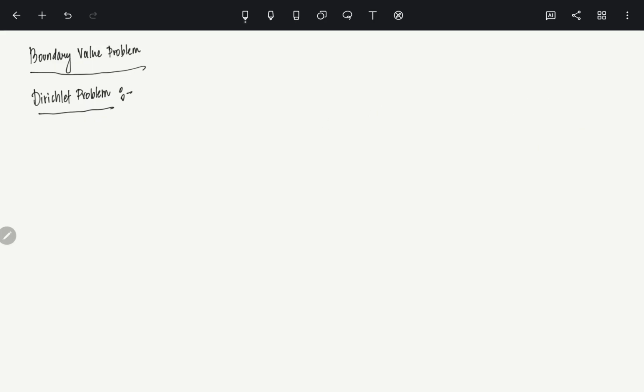See, the Dirichlet problem. So essentially the problem is this. Dirichlet boundary value. I will write it as BV, because I have to write boundary values a lot of times.